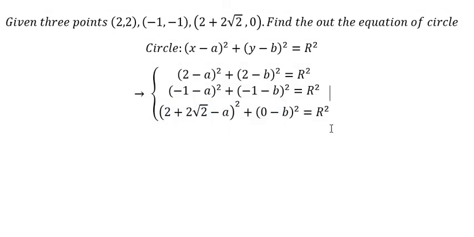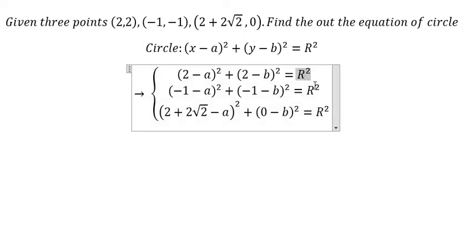This is the first step, and for the next one we see that we have the same r square and r square. Now I will combine this one equals to this one because we have the same r square in here.